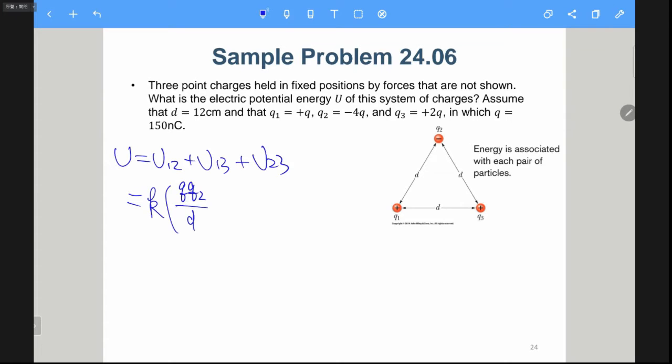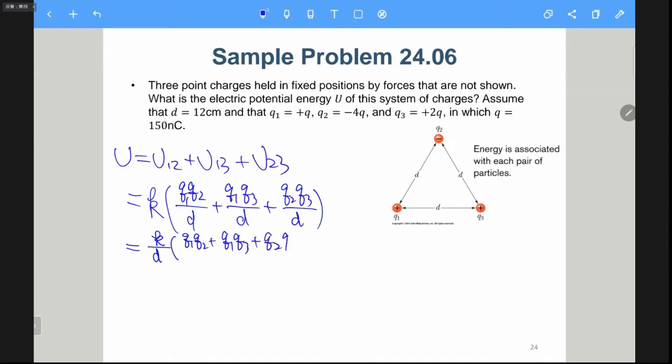And then plus Q1 Q3 over d plus Q2 Q3 over d. Okay, so we can just factor d out. We have k over d multiplied by Q1 Q2 plus Q1 Q3 plus Q2 Q3.